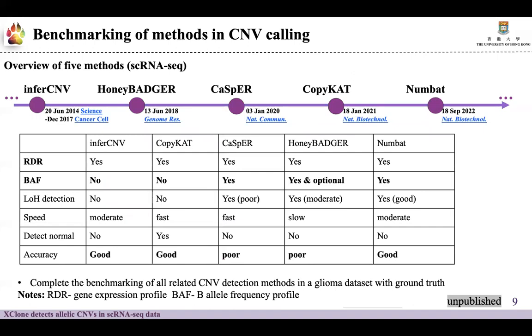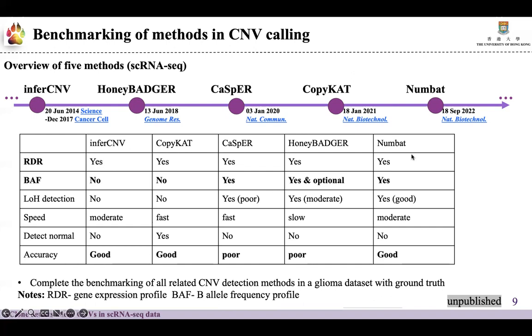There are 5 methods for copy number variation calling related tasks in single-cell RNA sequencing, and I benchmarked the methods on 3 datasets and got the results here. Casper and Numbat count the B allele frequency in, but their results are not so good, and InferCNV and CopyKAT are good, although they just use the expression profile.